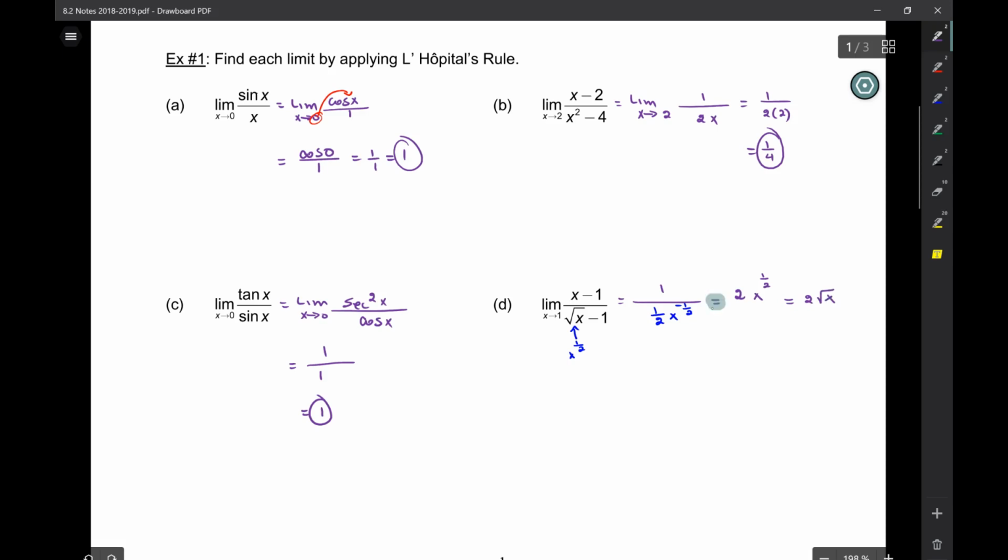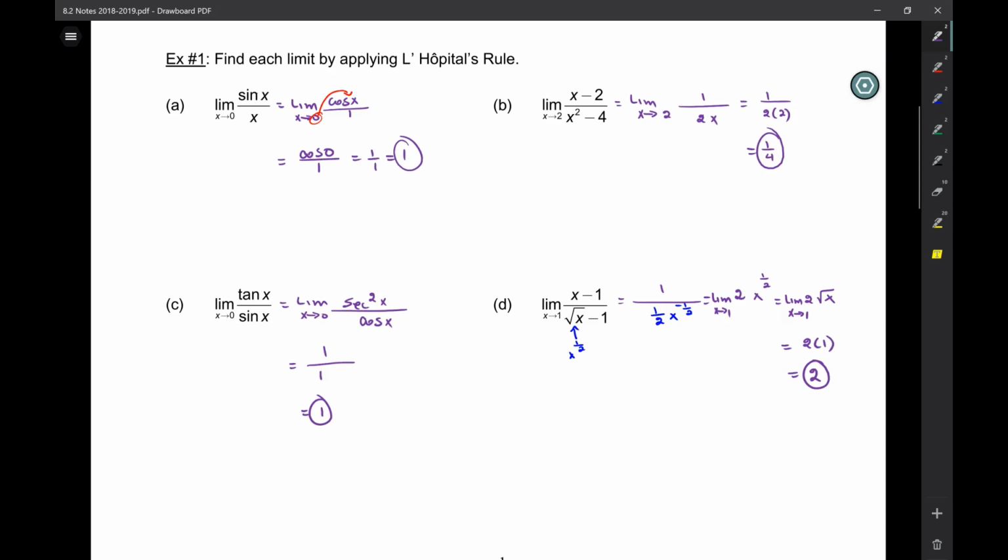Oh, what have I forgotten? Limit. Yes. So here, when you put 1 in there, you just have 2 times 1, 2. Okay? Much cleaner than before.